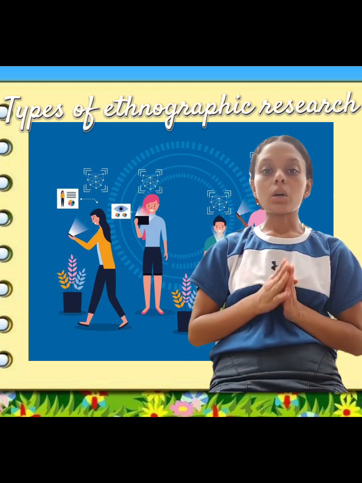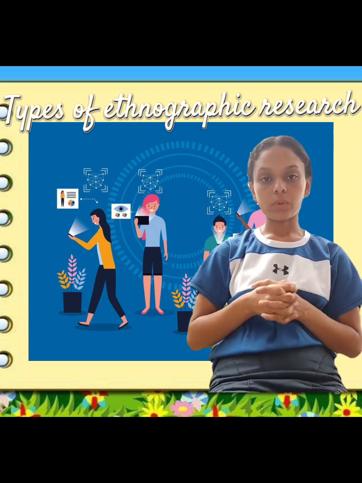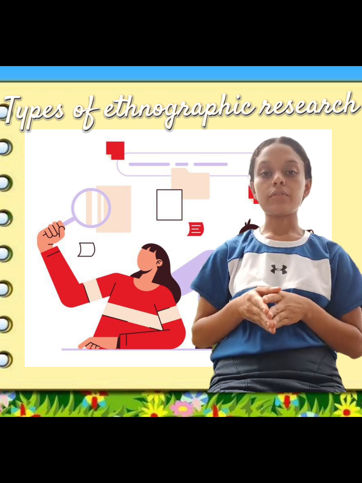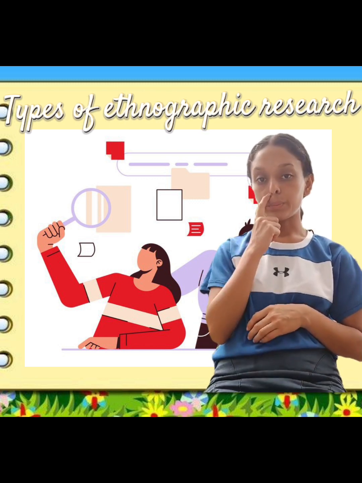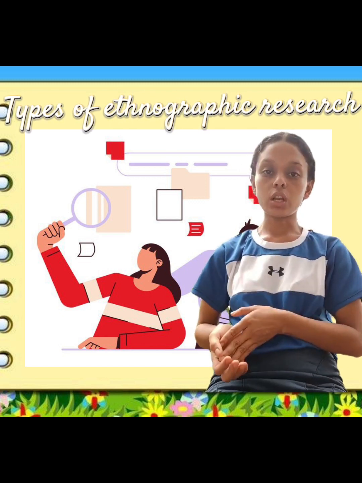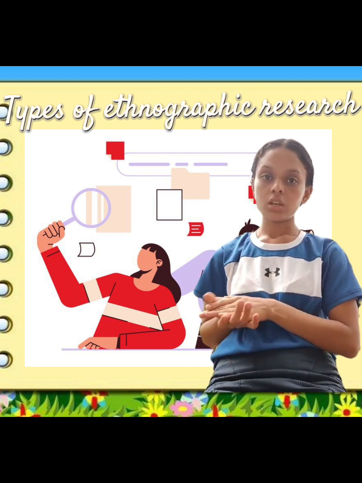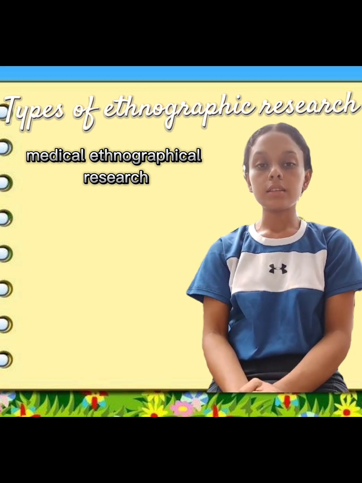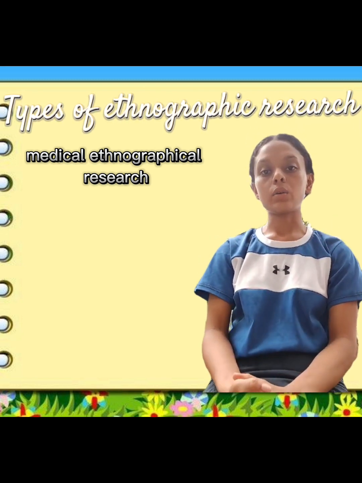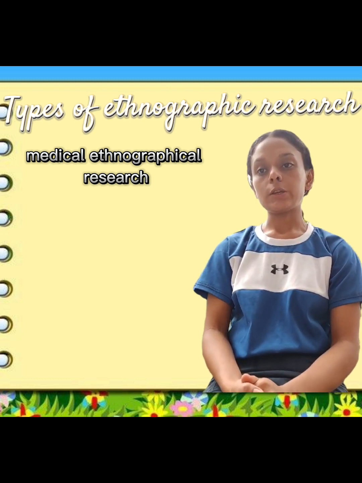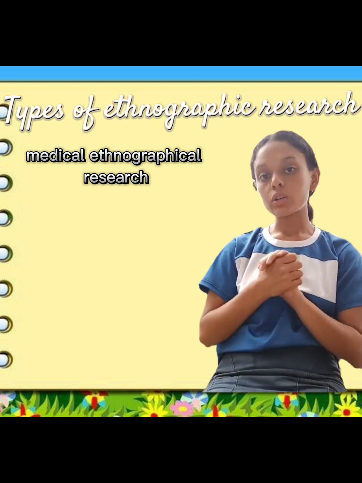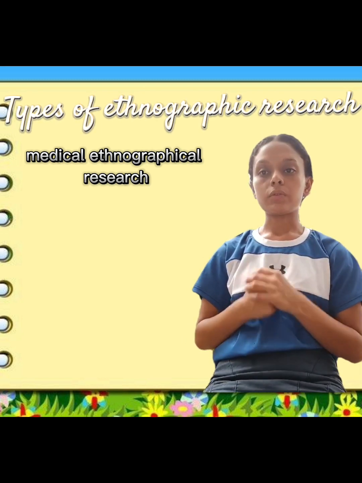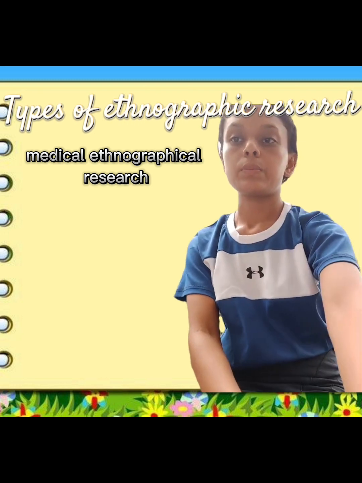Okay, types of ethnography research. Ethnography research comes in various forms, including business, educational, psychological and medical ethnography research. Medical ethnography research is based on several categories of human activity and particular traits such as age.